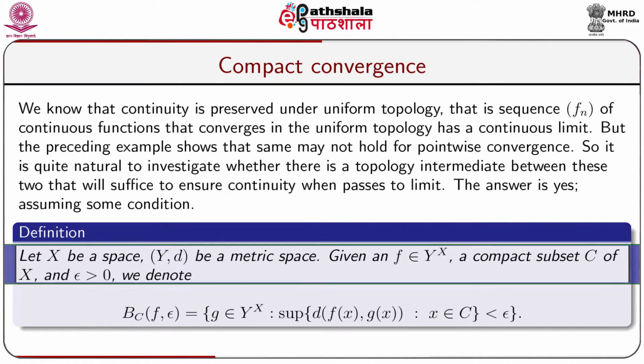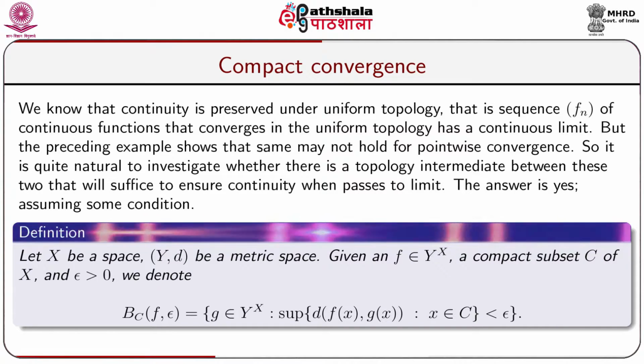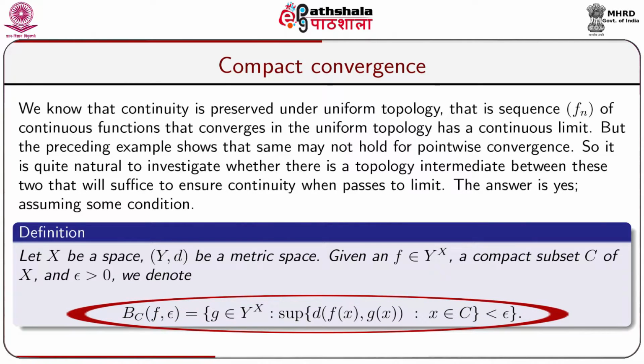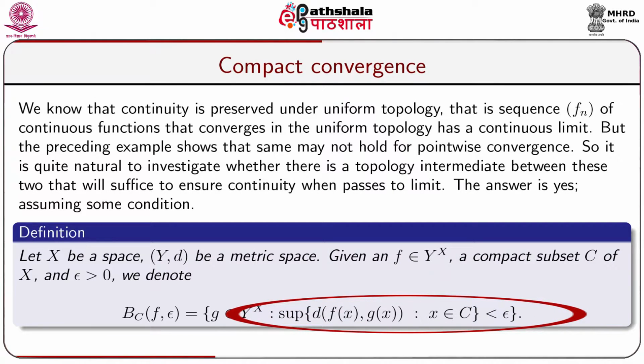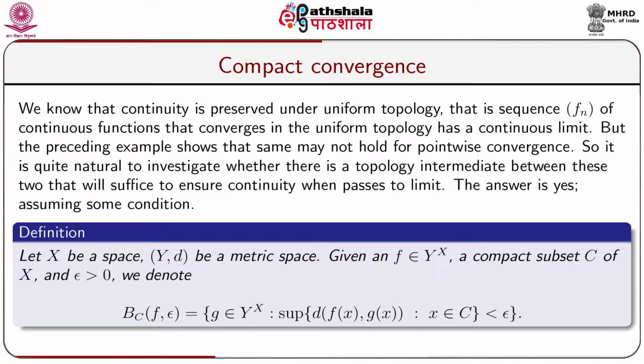Given an element f of Y to the power X, a compact subset C of capital X and a number epsilon greater than 0, we denote B_C(f,epsilon) equal to all those functions g from X to Y such that the supremum of the set d(f(x),g(x)) such that x belongs to C is less than epsilon.